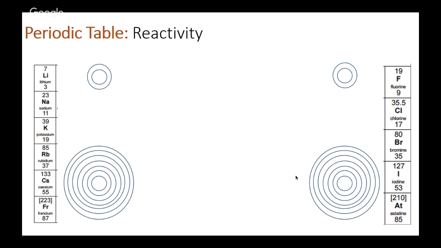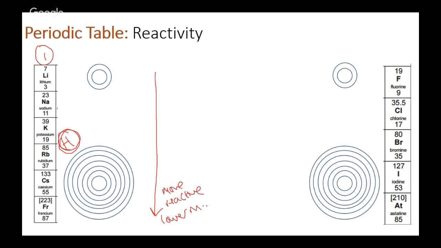Okay, moving on then to talk about their reactivity. This bit tends to come up more in the higher part of the course, especially describing why they are more reactive, but everybody needs to know that with the alkali metals, which are our group 1 metals, as you go down, they become more reactive, and they have a lower melting point, I'll just put that as MP, and boiling point, BP.